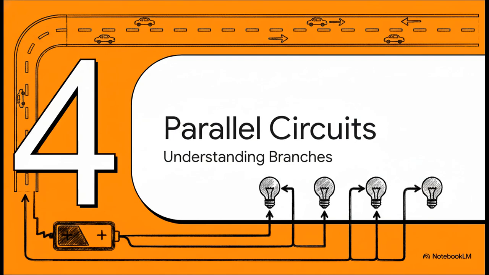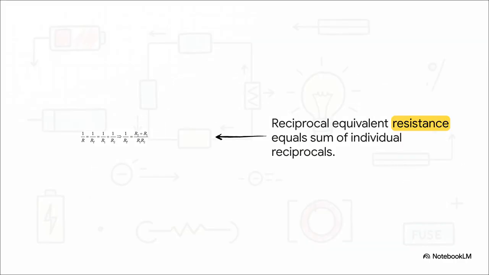Section 4, Understanding Parallel Circuits. We fix it by splitting the flow. By creating multiple branches, the total equivalent resistance of the entire circuit actually drops. It uses a reciprocal formula to figure this out. You can think of it kind of like opening up more checkout lanes at a grocery store. Even if there are more people overall, adding those extra lanes decreases the overall friction, letting traffic flow much faster.